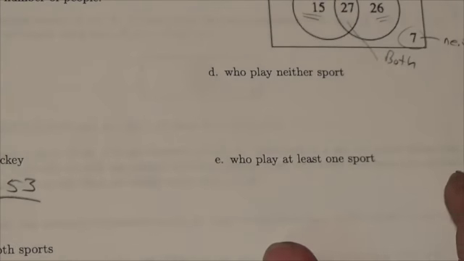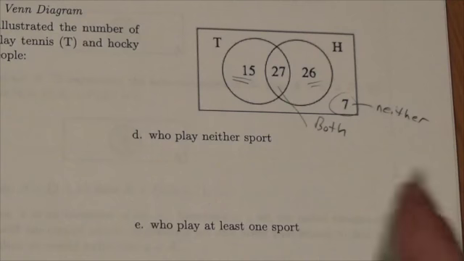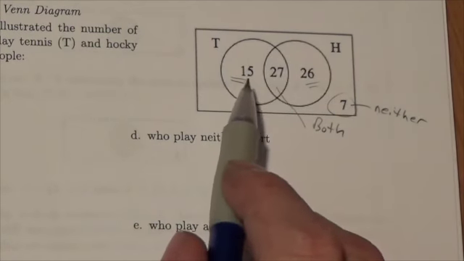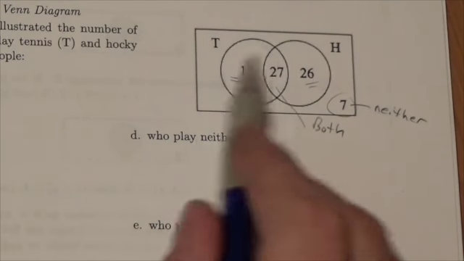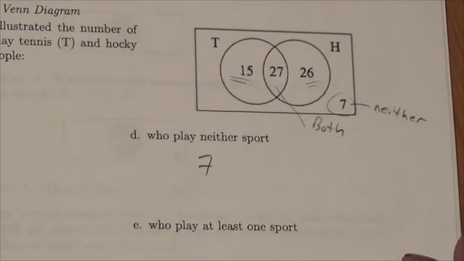Come up over here. Who play neither sport? Well, that's pretty easy, because the numbers inside those circles represent people playing these particular sports that are outlined. So if you're not in these circles, you're not playing either, and that's 7.